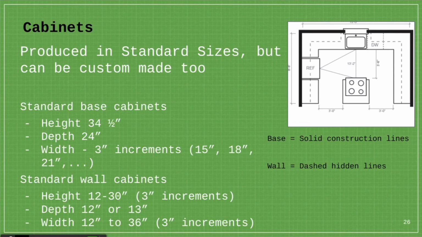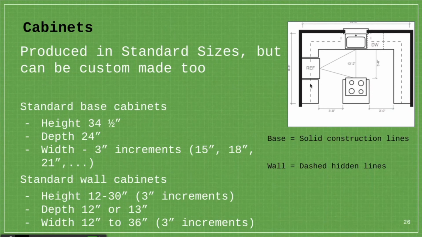So cabinets, there are standard sizes, but there can also be custom. Custom is obviously going to be more expensive. So we're going to stick to standard size cabinets for most of our work in here. So here are some of the different sizes, and you can see on this floor plan image, base cabinets, the ones that would be sitting on the floor, have this solid line going around them, and ones that are attached to the wall have these dashed, called hidden lines.